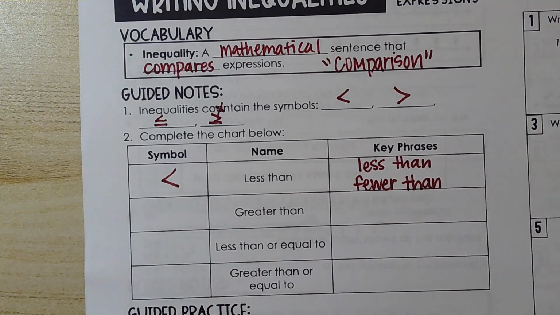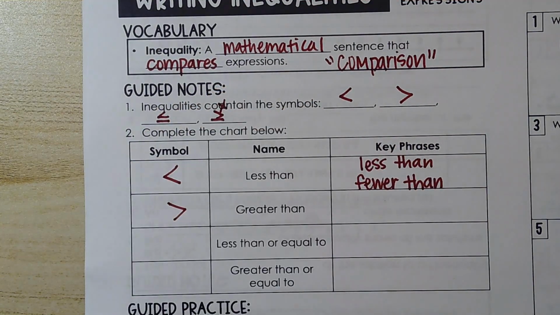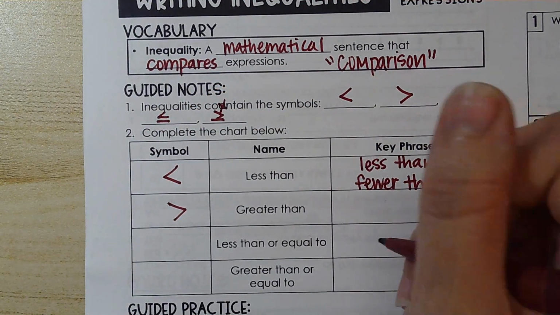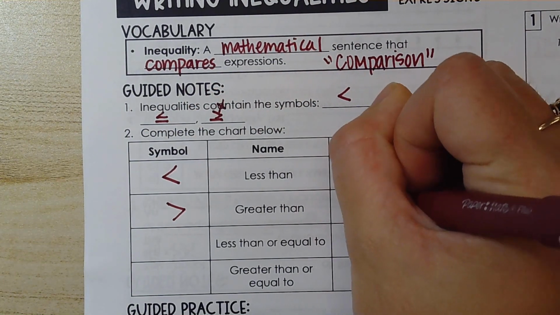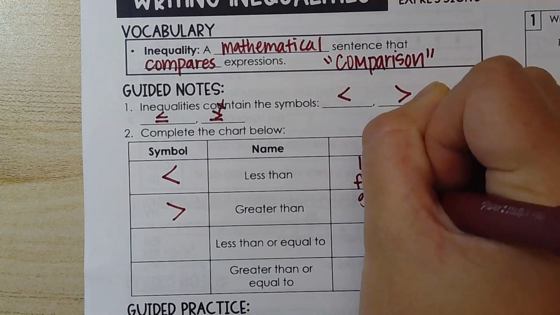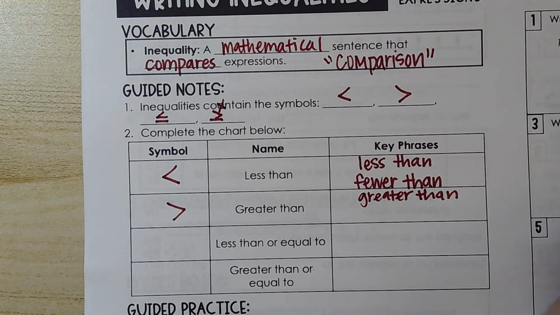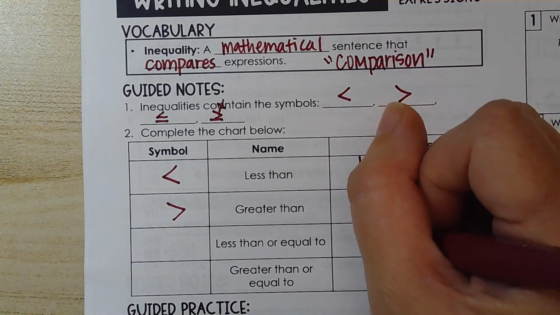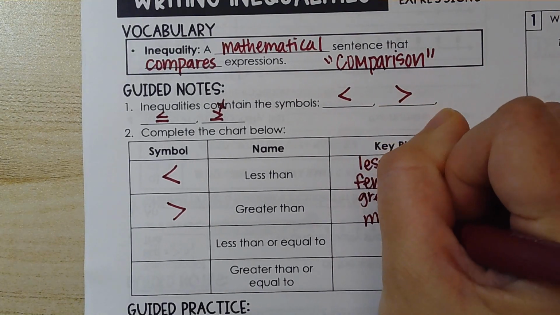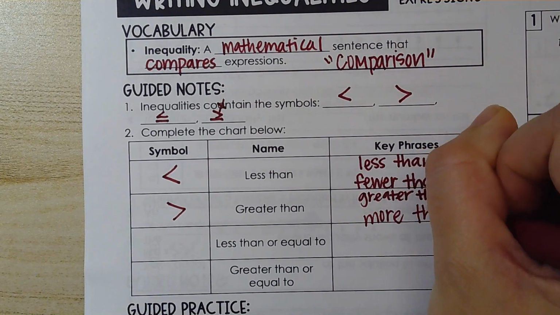All right. My next one is greater than. And you know the key phrases for that is obviously greater than. What's another one? Well, for greater than: more than. There we go, more than.